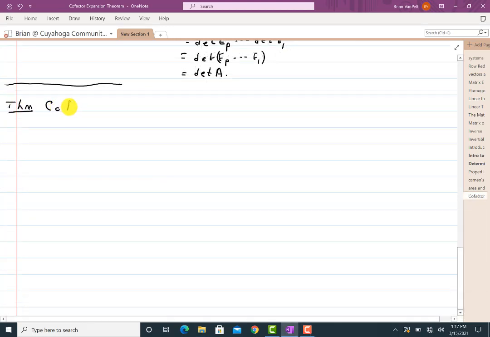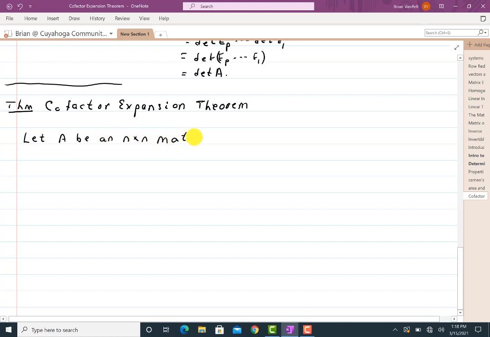So this is called the cofactor expansion theorem. And it goes like this. Let A be an n by n matrix.